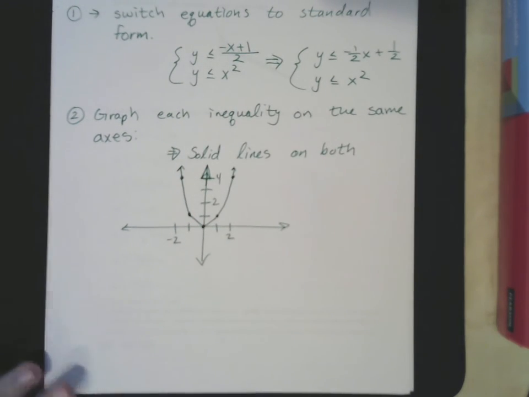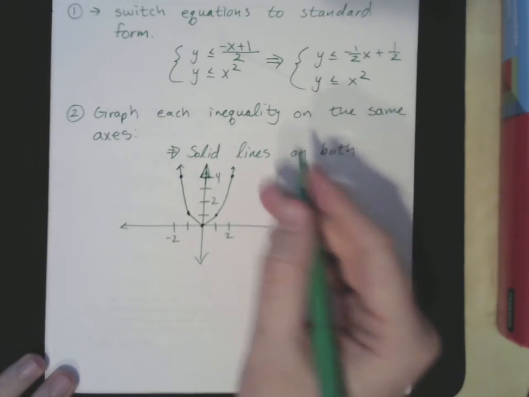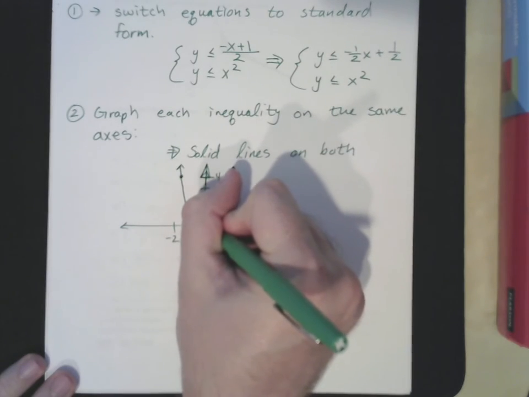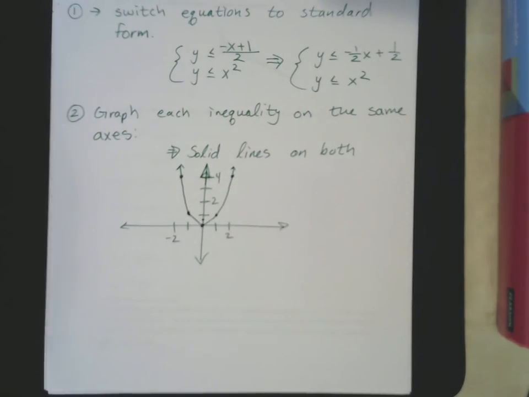And then we graph the line. So the line has y-intercept of 1/2, which goes through right here. And then it has a slope of -1 over 2, so down 1 over 2.